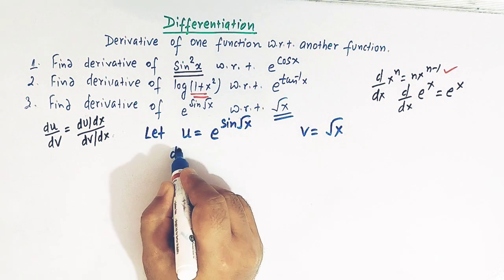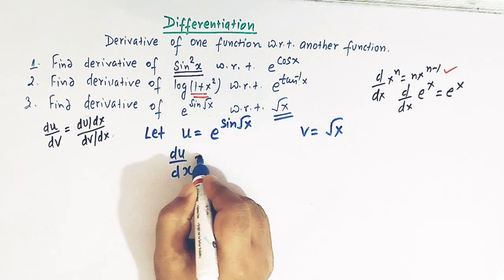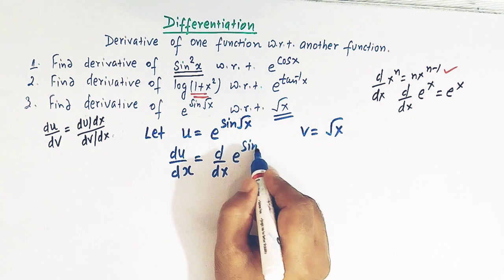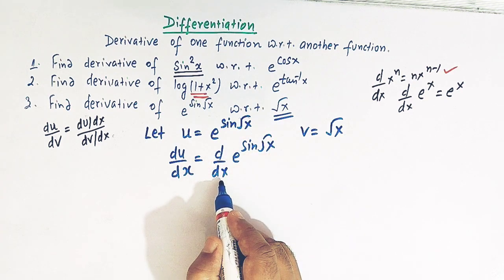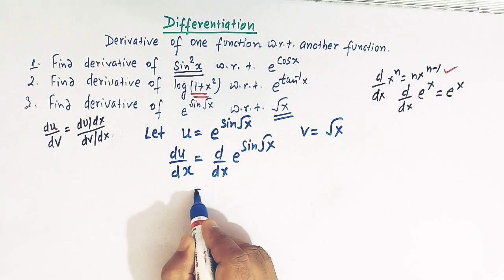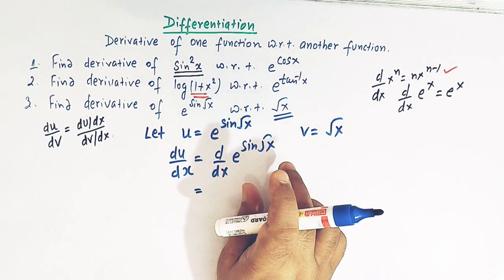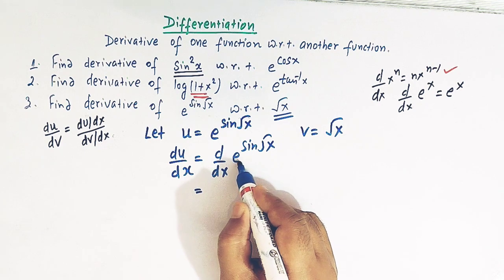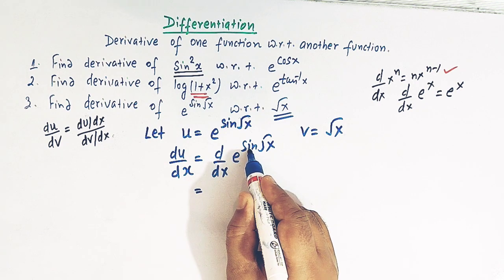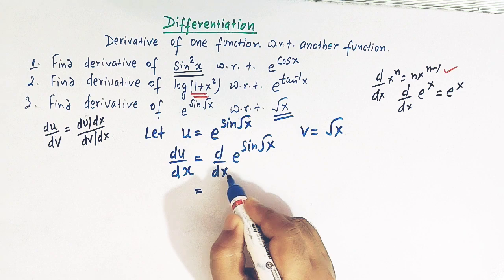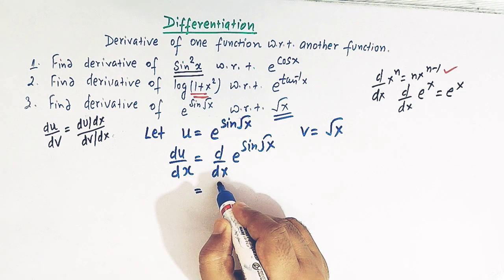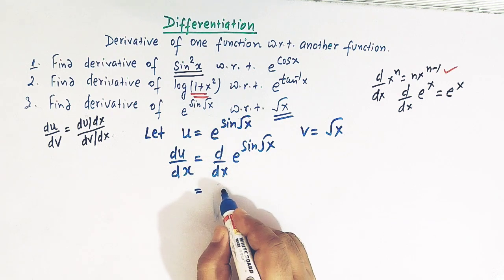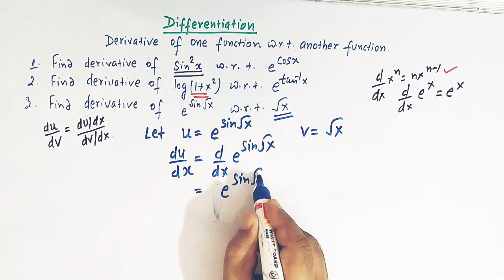Now du over dx. We have to find the derivative of e^(sin √x) with respect to x. Here again we'll make use of the chain rule. First we find the derivative of e^(sin √x) with respect to sin √x, which gives e^(sin √x).